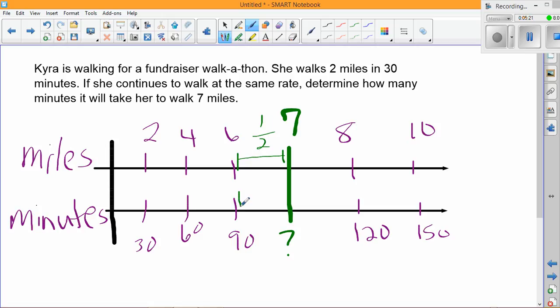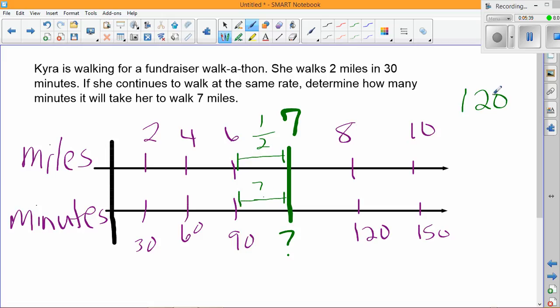We want to figure out how far away whatever corresponds with 7 is from 90. So here's where it gets a little confusing. We need to know how many spaces are there between 120 and 90.